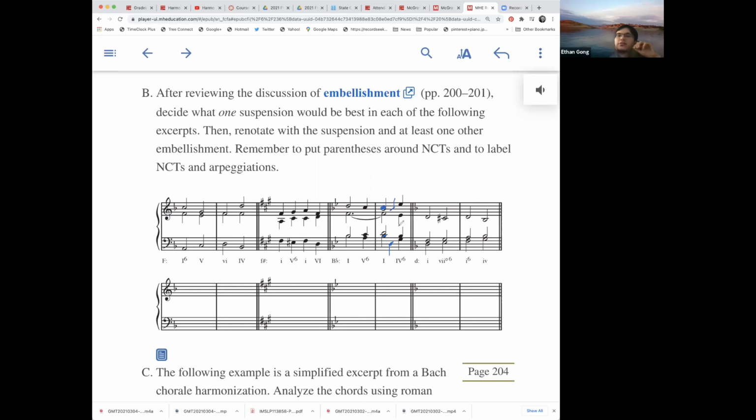I don't think it's technically requiring us to use arpeggiations, is it? Well, they just told us to label non-chord tones and arpeggiations. They did another one that I missed. Whoa, whoa, whoa. They did another one right here. So, Pete, you're right. They can be in the soprano. They did one here.